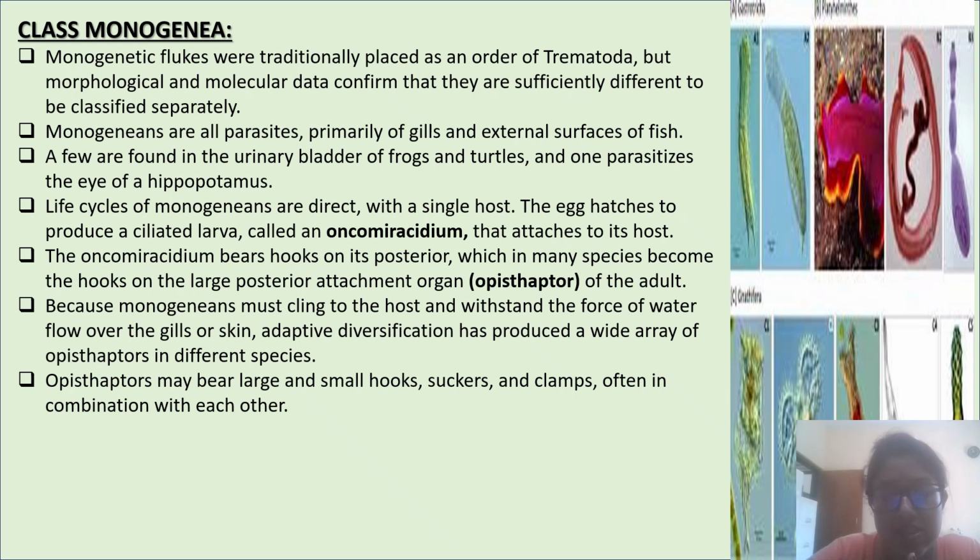Because monogeneans must cling to the host and withstand the force of water flow over the gills and skin, adaptive diversification has produced a wide array of opisthaptors in different species. Opisthaptors may bear large and small hooks, suckers and clamps, often in combination with each other.